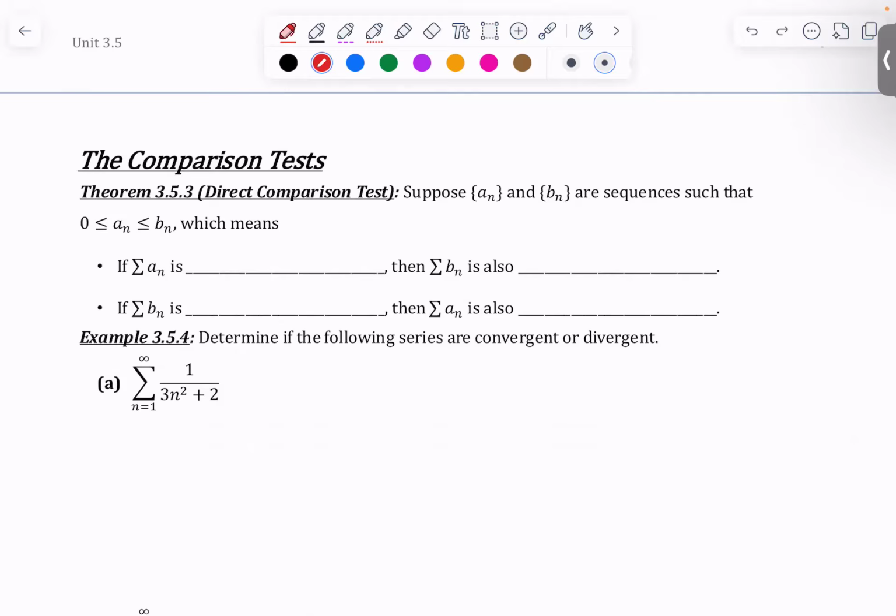In case there are any sleeper agents out there who are secret mathematicians trying to catch me off my guard, technically I should say, don't write this down, for n greater than or equal to n sub 0 for some n sub 0 greater than or equal to 0. Because mathematicians like to make these things as generalizable as possible, the theorem is still true just so long as after a certain point, b sub n becomes larger.